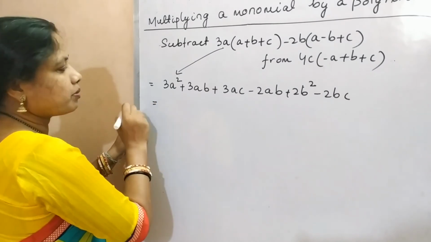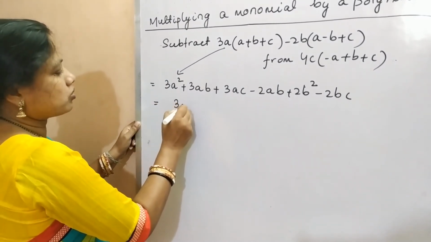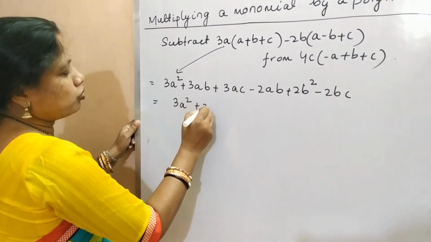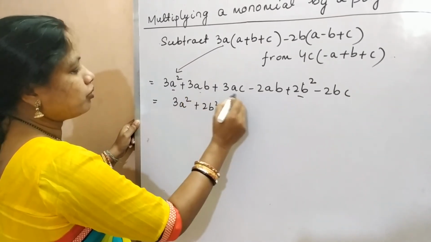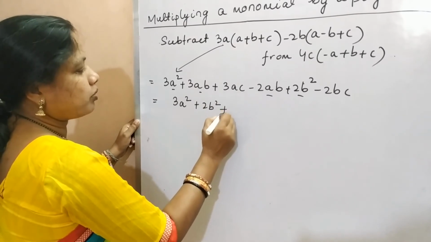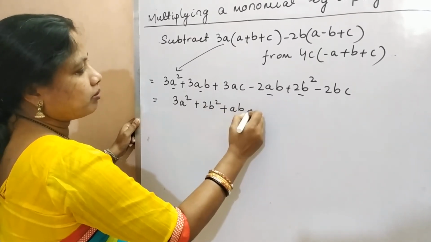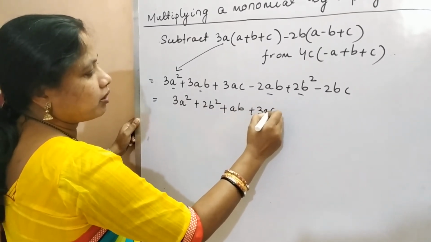Then we have to simplify this. So 3a square plus 2b square. Then 3ab with minus 2ab, so plus ab. Then plus 3ac minus 2bc.